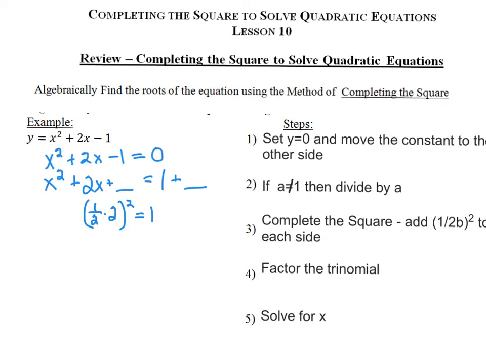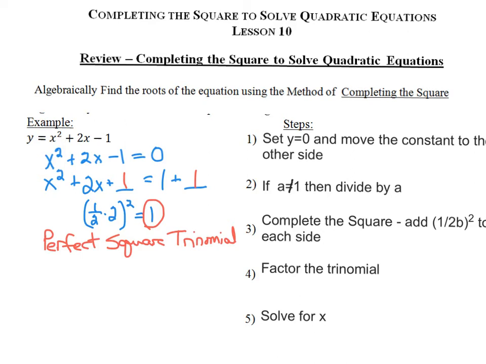So I'm going to take that number and I'm going to add that to the left side of the equation and also to the right side of the equation. What that does is then give me a trinomial that is a perfect square trinomial on the left side. So that is definitely going to be factorable if I have done this process correctly.